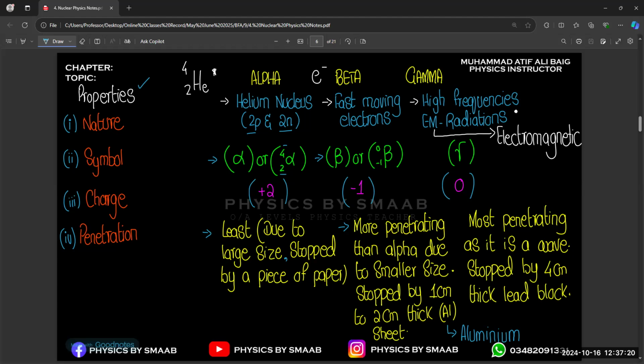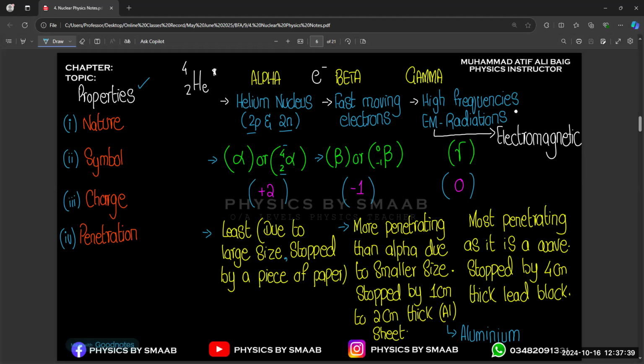Now it's fine. Okay, so basically for beta, we know that beta is less in mass as compared to alpha. So it can easily penetrate through paper also. Beta cannot be stopped by paper. Beta can easily pass through paper.